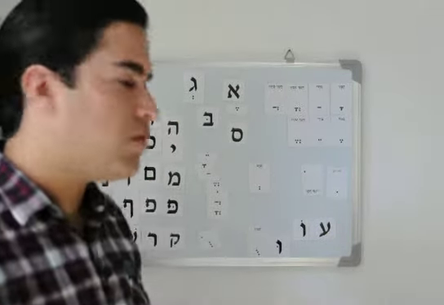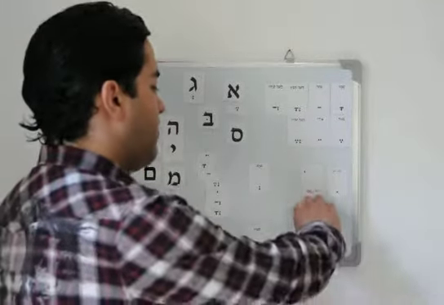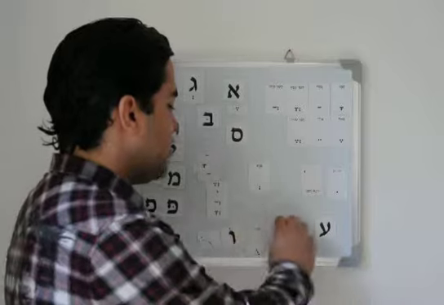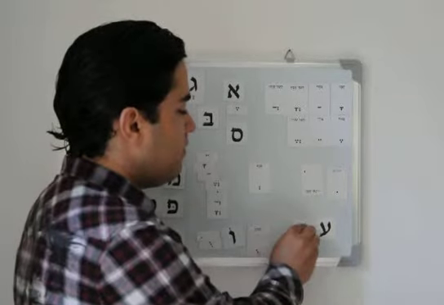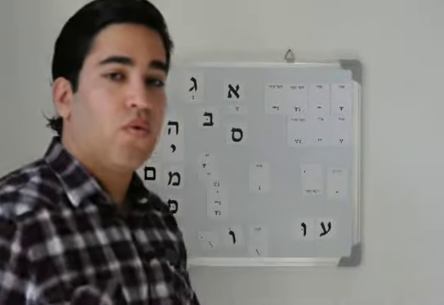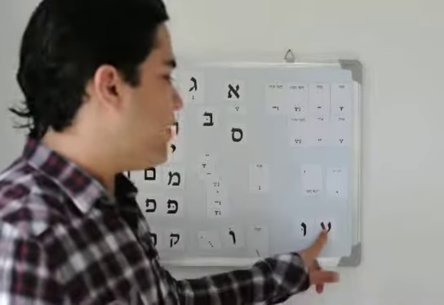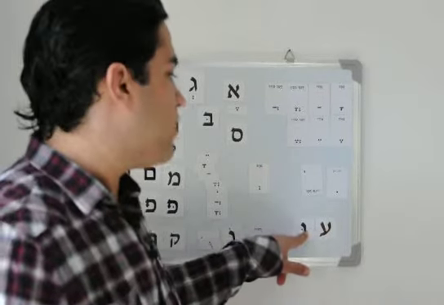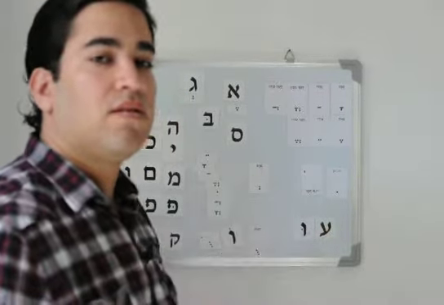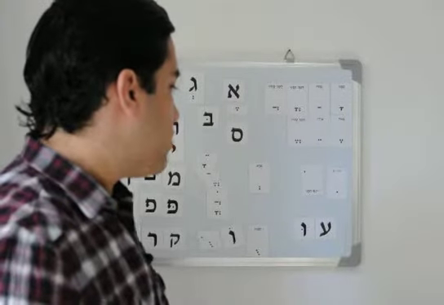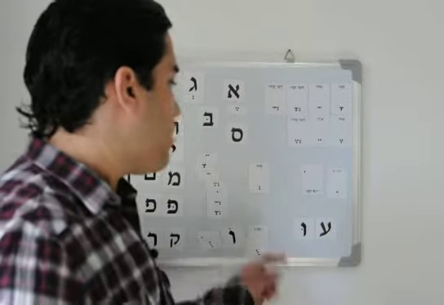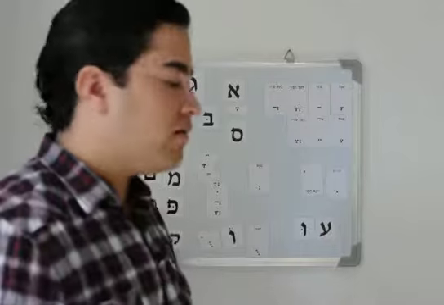This is Shuruk. For example, if I take this Vav with the Cholam, this is O, and I change it and put the dot here, this is Vav, it sounds U, because we have Ain, this is Aleph, and Vav, U. This is Shuruk. Kubutz, we use when we don't have the Vav.